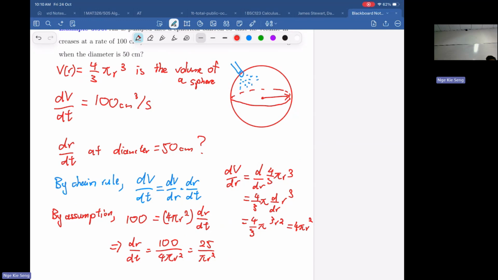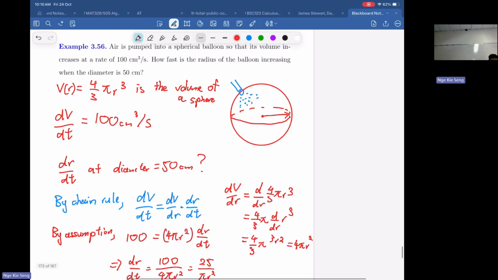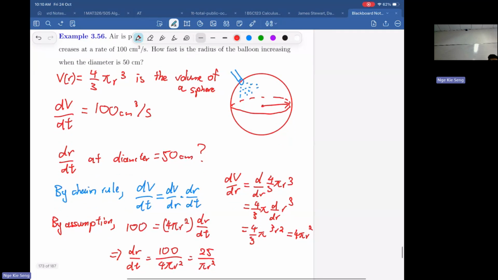Where do I want to check the radius of the balloon increasing? 25, because it was given the diameter. Diameter is 50 centimeters, which implies the radius should be 25 cm.